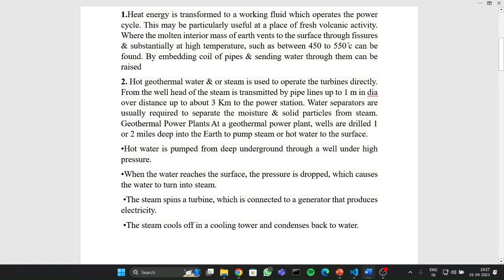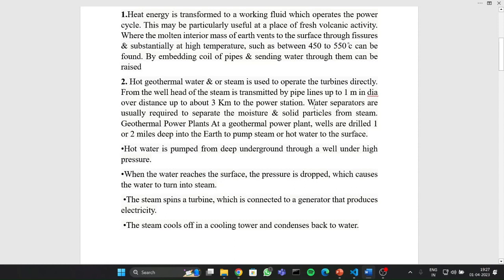Also, there is another method wherein the water or steam is used to operate the turbines directly from the well. So here, the pipes are of around 1 meter in diameter, and the steam wells are up to 3 kilometers from the power station that lies above these steam wells.